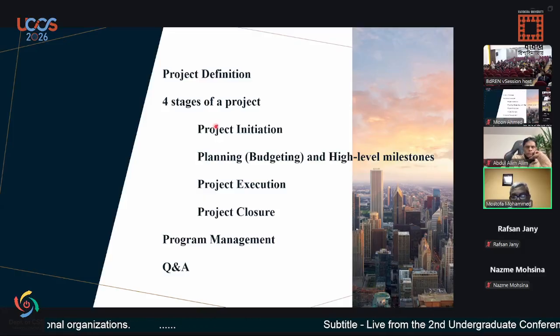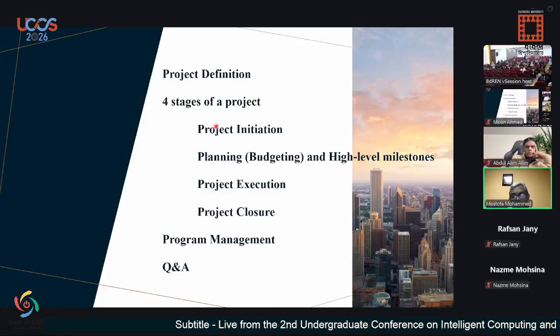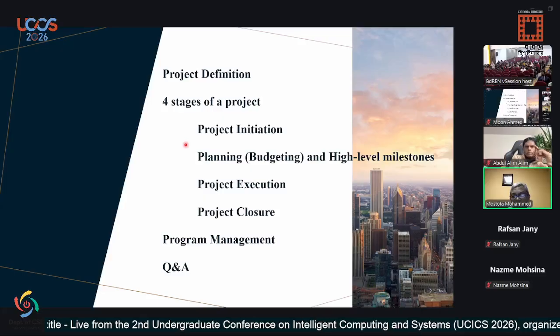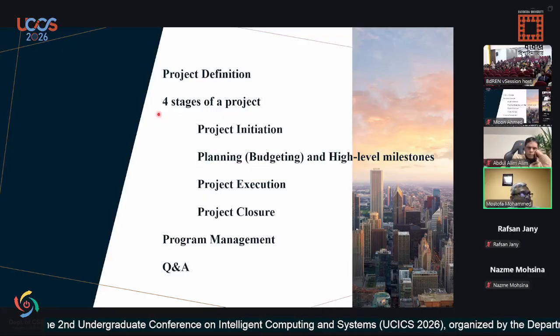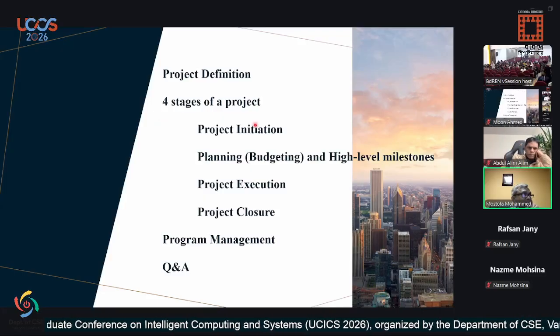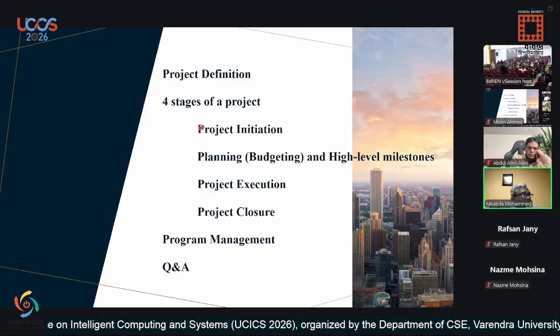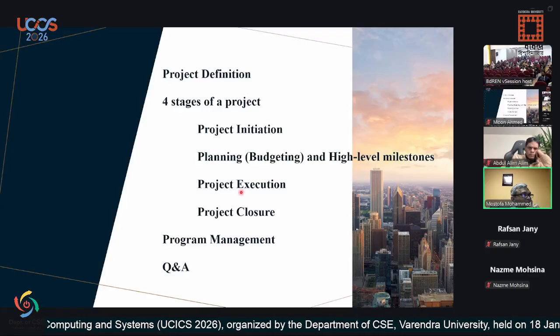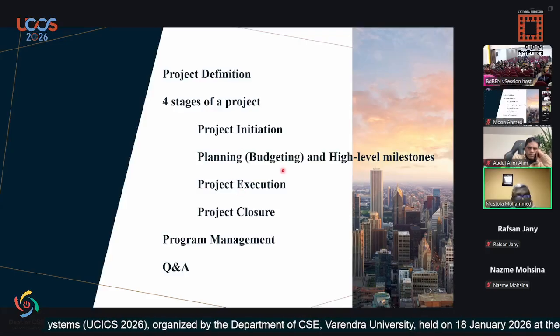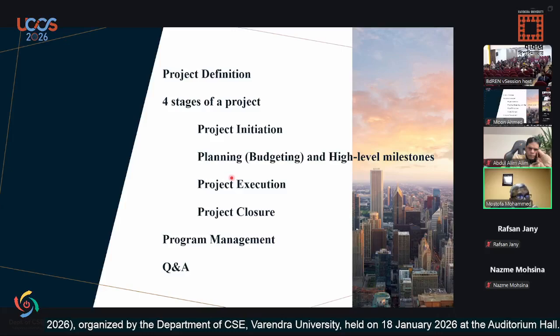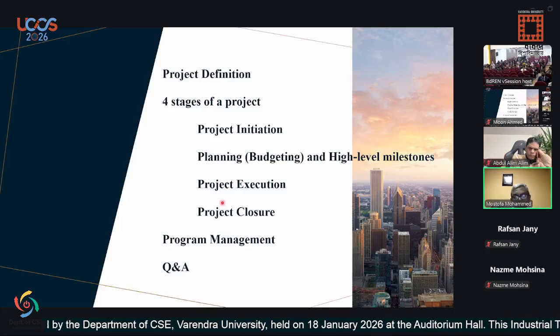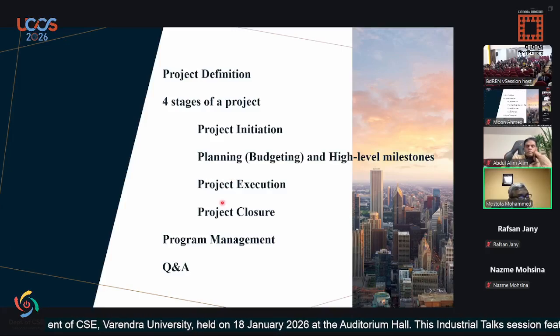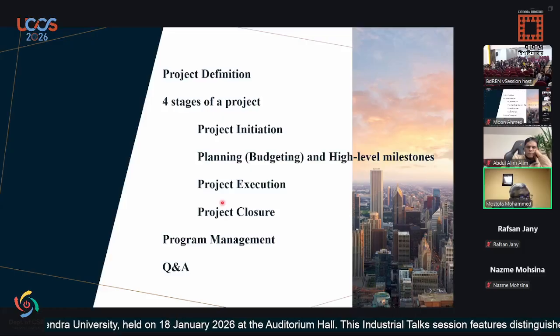Initially, we'll define what a project is, and after we define the project, we'll see the 4 stages of a project: initiation, planning, budgeting, and high-level milestones, project execution, project closure, and then program management. And then we'll have Q&A.